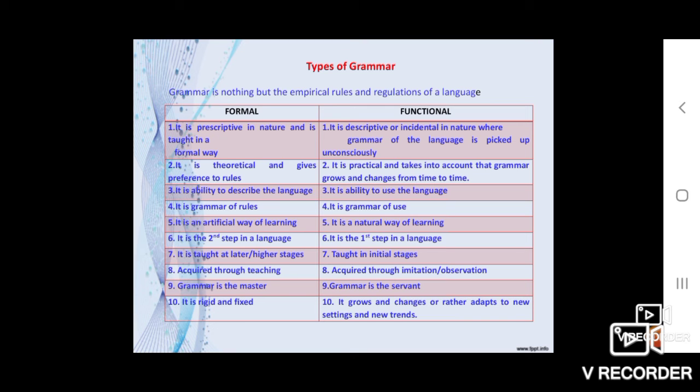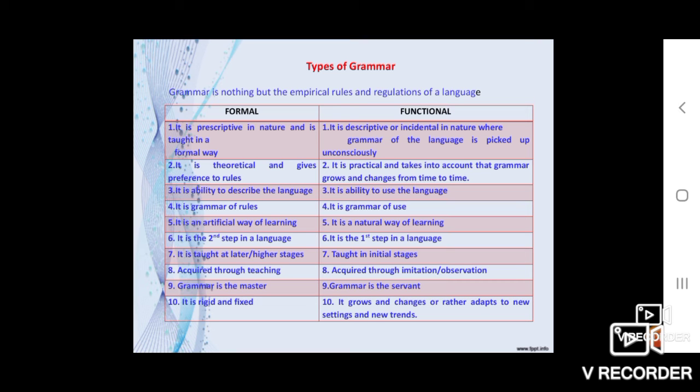Tenses are there, degrees are there, clauses are there. These are grammatical topics which all students are ready to learn according to their age group. And functional grammar is taught in the initial stages of learning, to students who study in English medium.